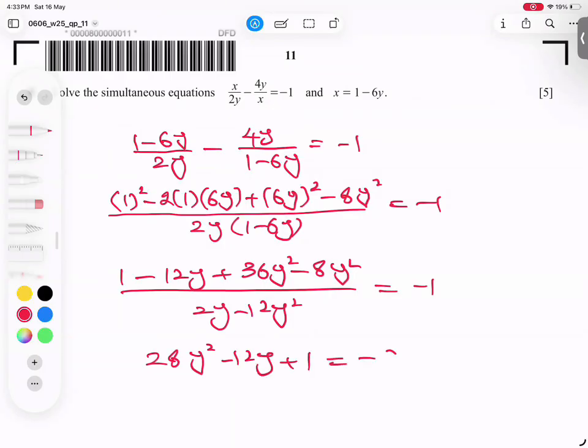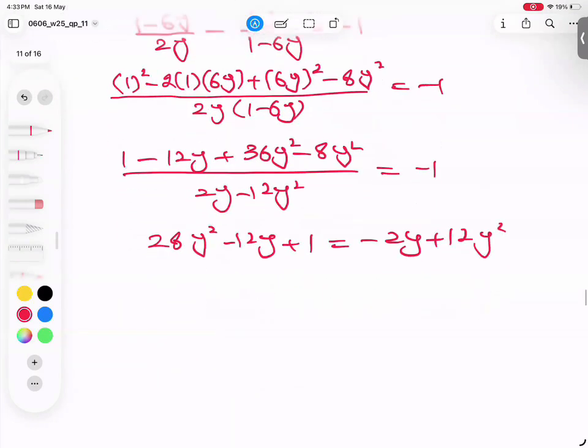And equal to negative 2y and plus 12y square. Yes, 12y square. And if I check it, this goes there, and out of 20, I get 16y square. And this goes there, I get negative 10y. And plus 1 is equal to 0.